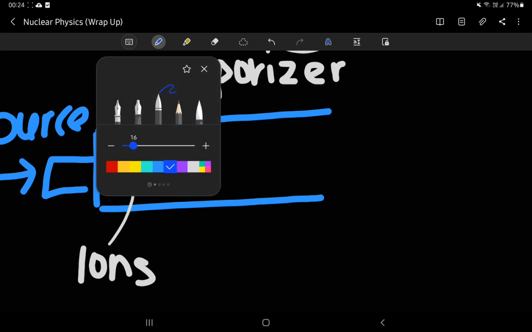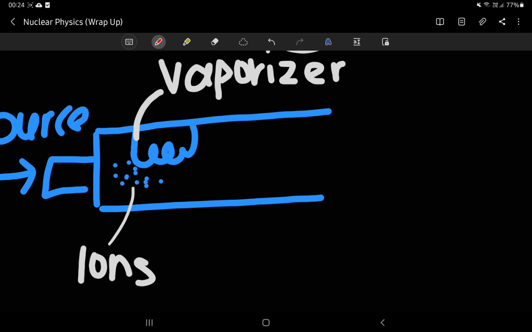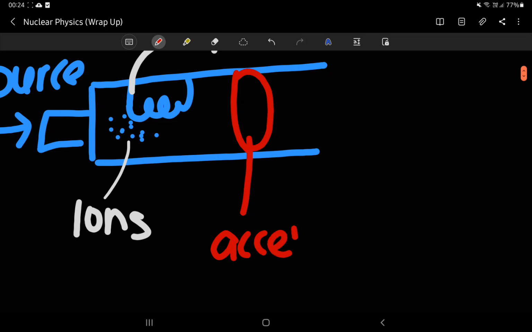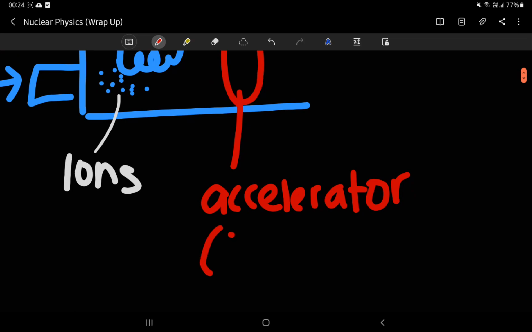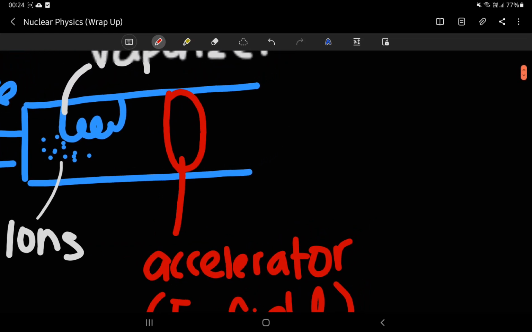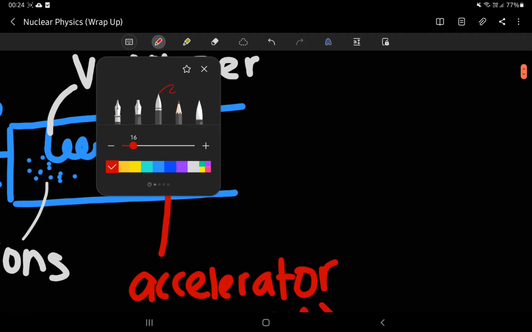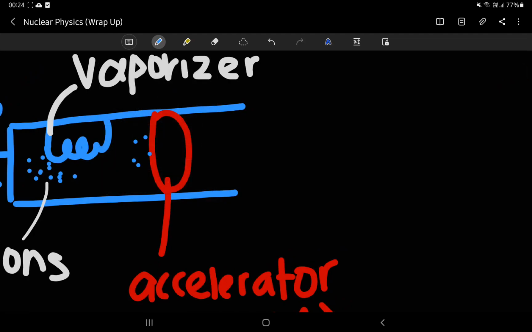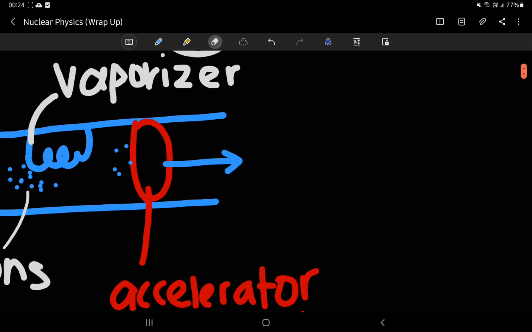Then we have sort of an accelerator region. This is the accelerator. It will accelerate using an E field, sorry, electric field. So the atom will enter this region and get accelerated faster.